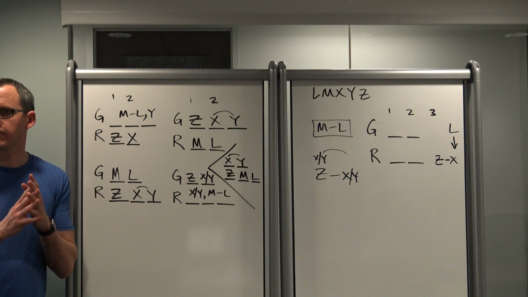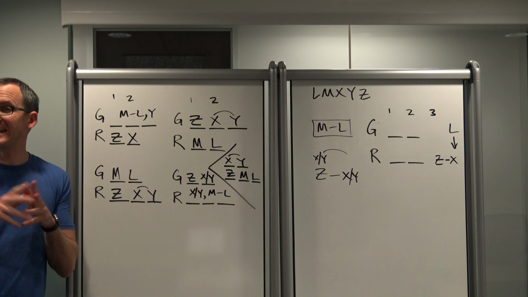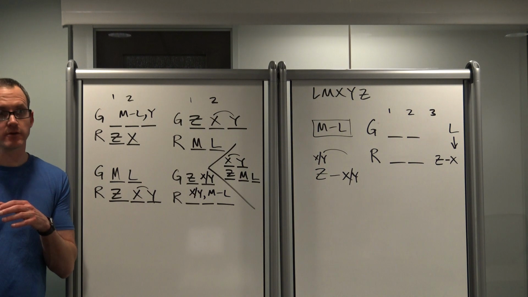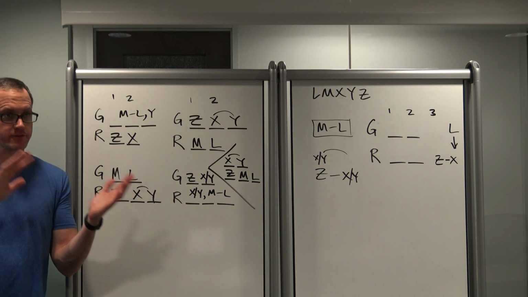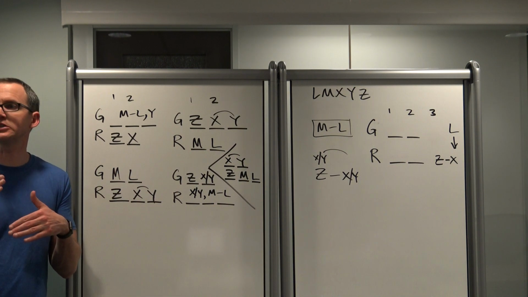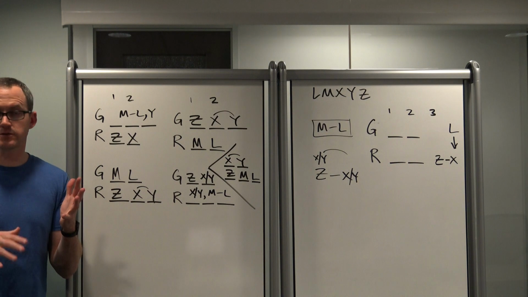Any except 3. Yeah, it could be in any except 3, so it can be in 1 or 2, right? Now, if it's in 2, what could also happen? X or Y could be before it. So this answer choice is not too strong, but it's not strong enough. You guys okay with that?